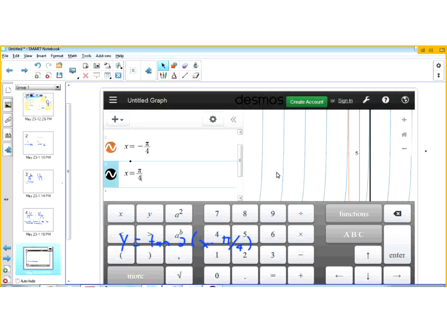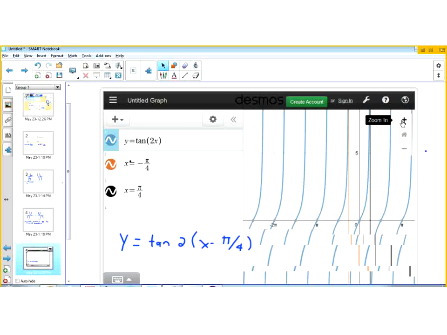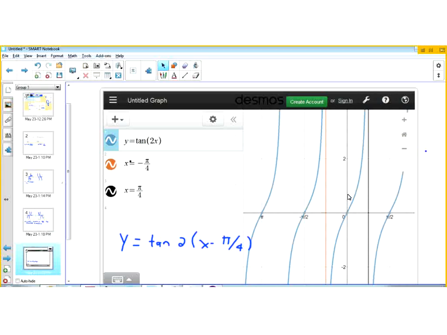Those are the vertical asymptotes. As you can see, this particular blue branch of the tangent function is asymptotic with the orange and the black vertical asymptotes, and then we have the periodic extension.